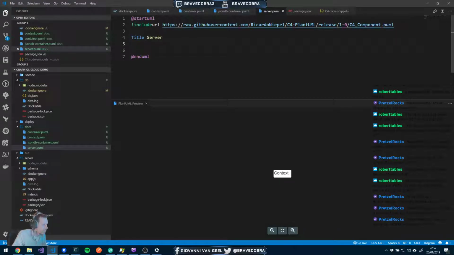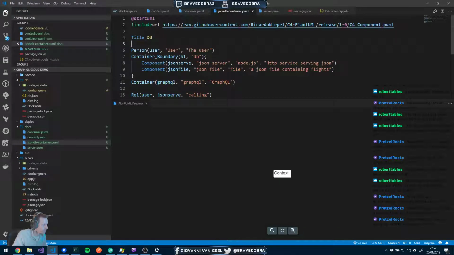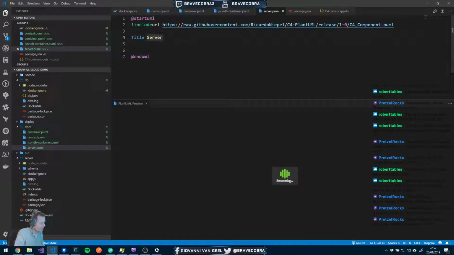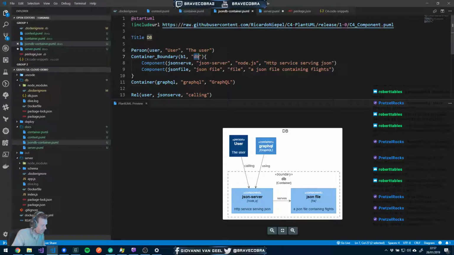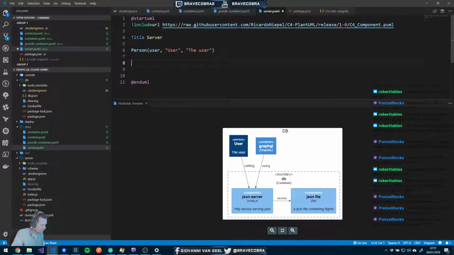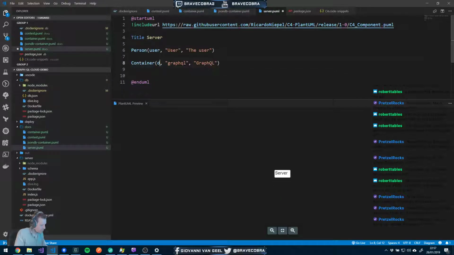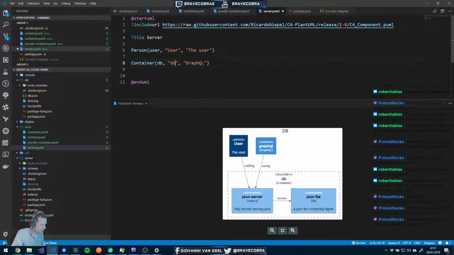Okay, so let's see. We got that same person. Let's grab that one. We've got now this database as a container. So it's going to be database, database, database.